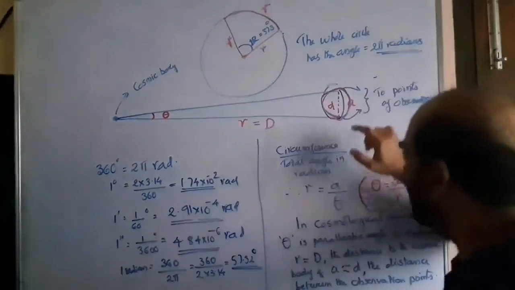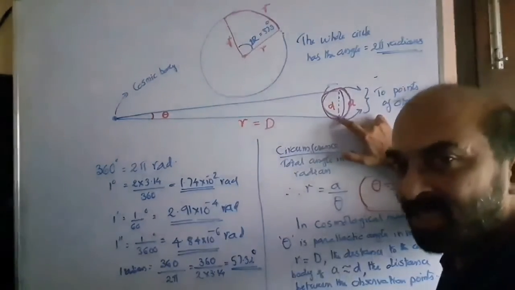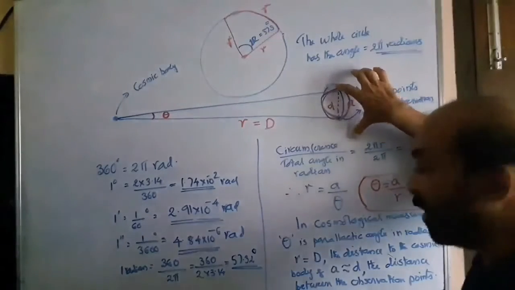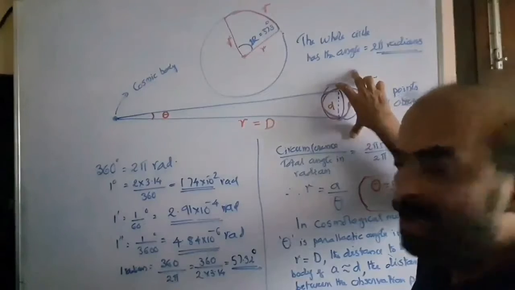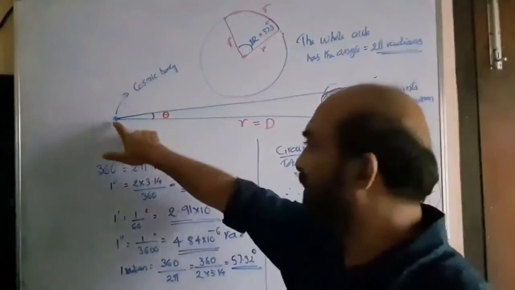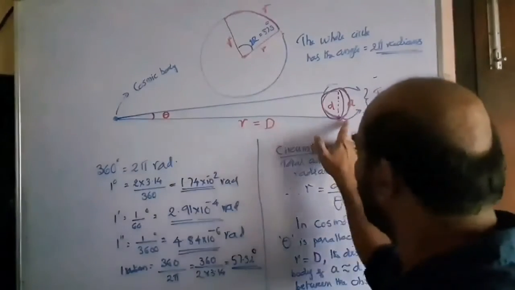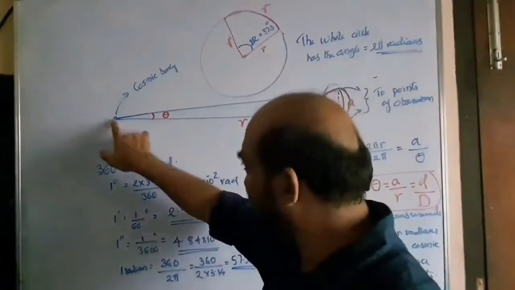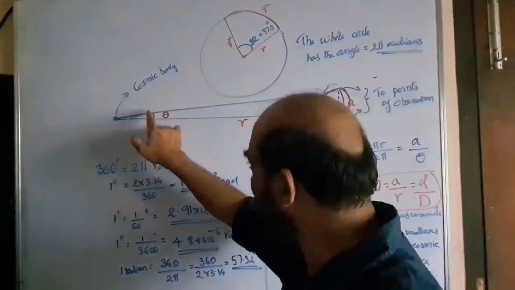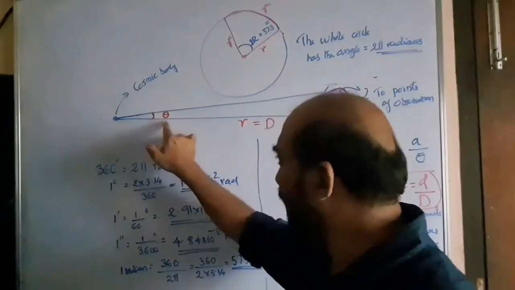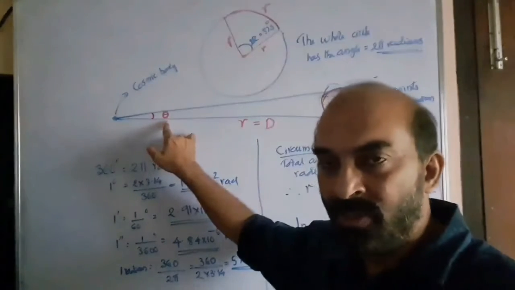In this experiment, one eye is here and the other eye is on the diametrically opposite point on the diameter. Now you look at the star. In the first case, the vision axis is like this, and in the second case, the vision axis is like this, and there is an angle between these two.